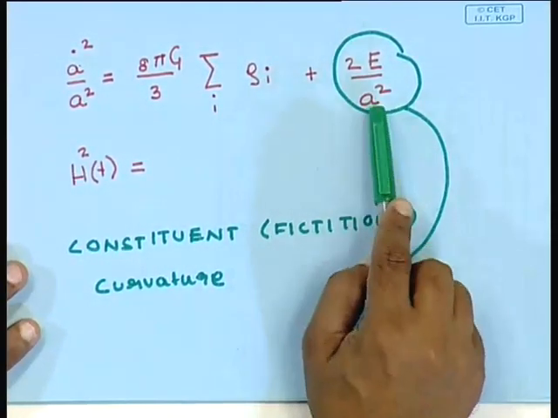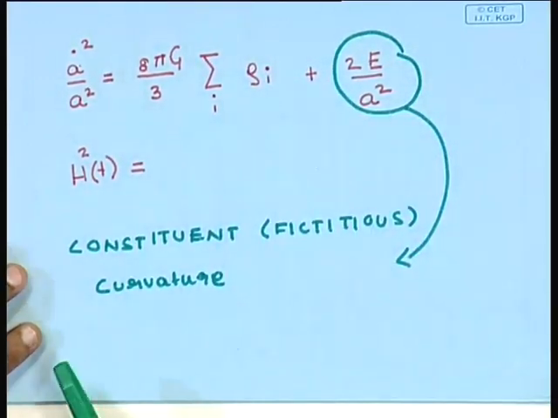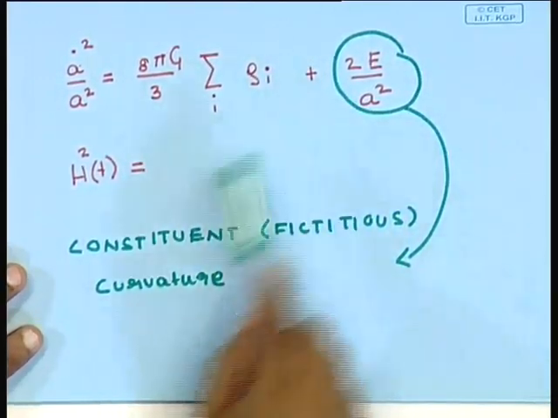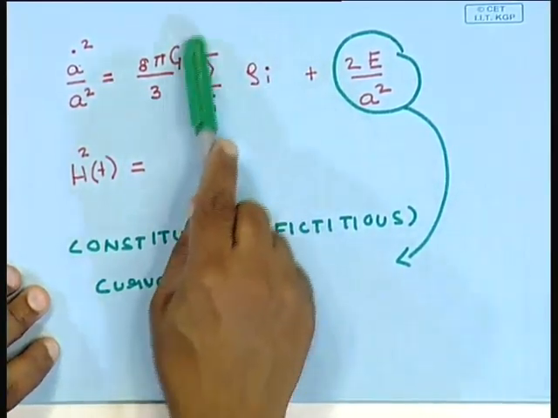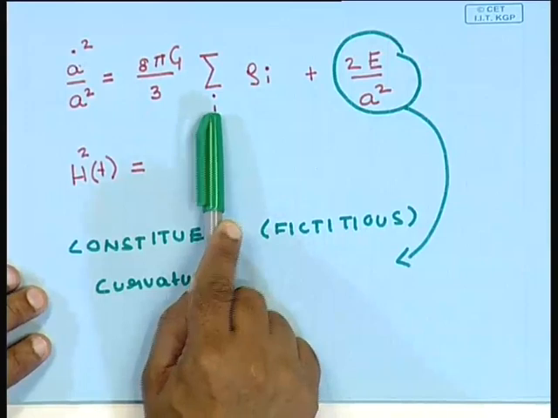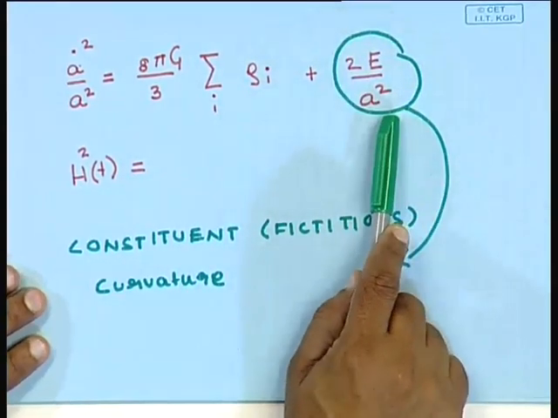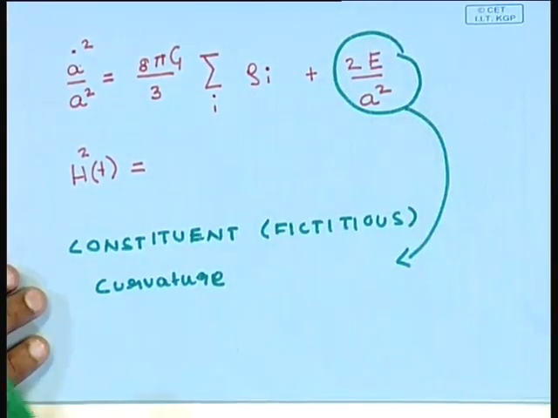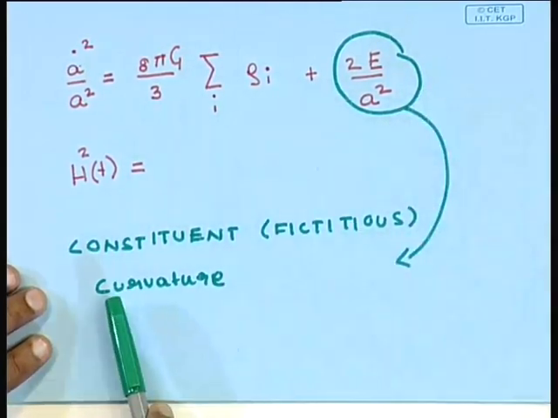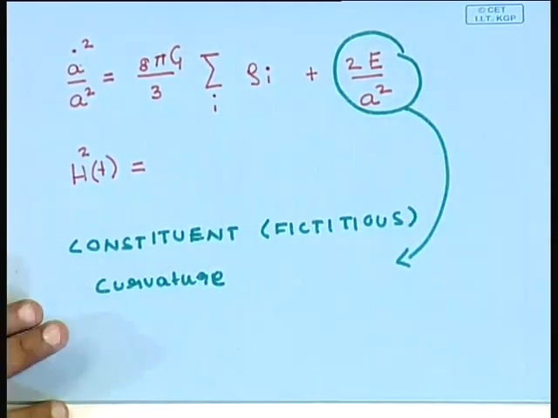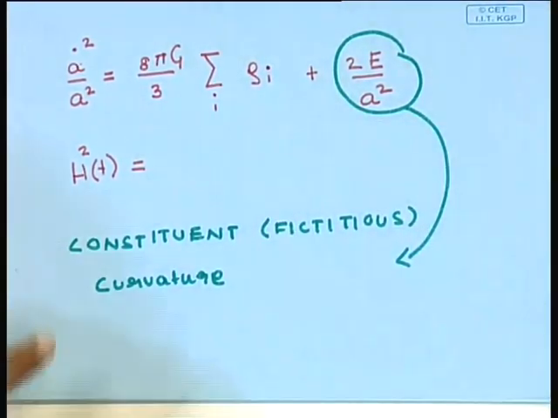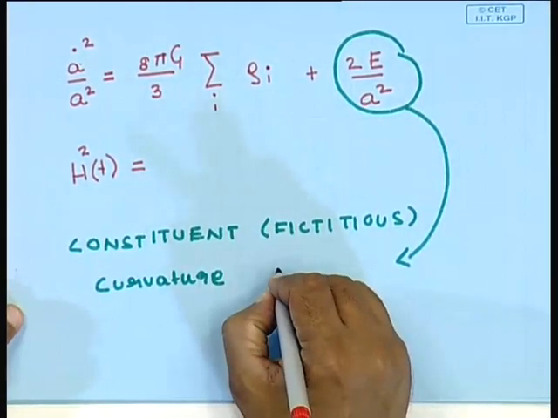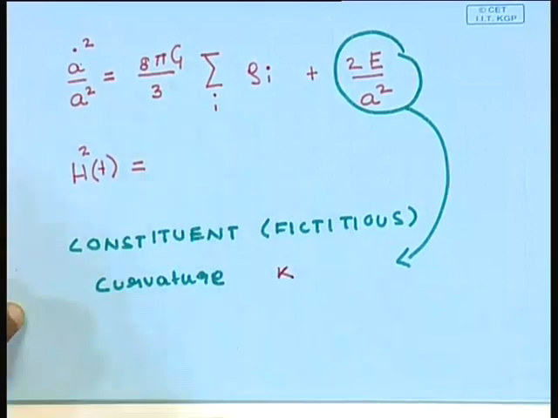So, we will think of this as an extra fictitious component of the universe. We have all the real components of the universe in this. We shall refer to this extra component as the curvature component, and it is denoted by the symbol k.